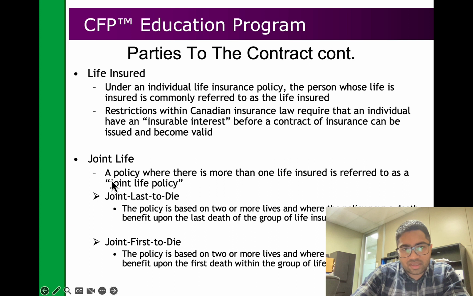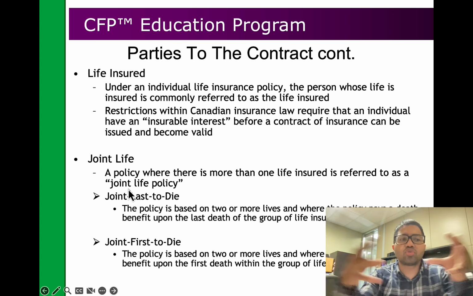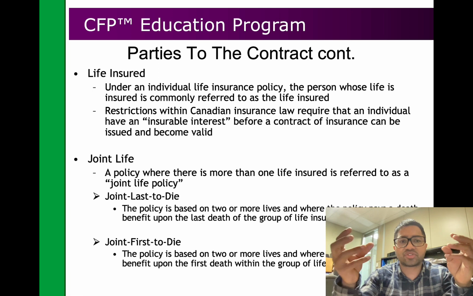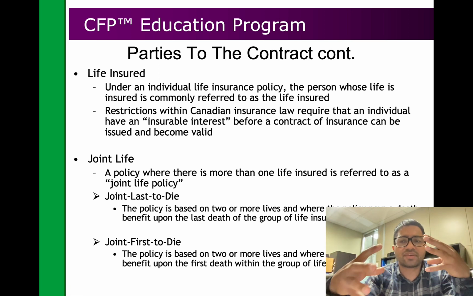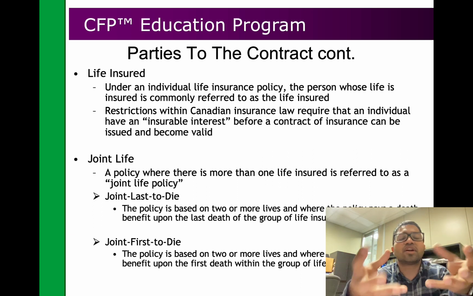Joint life. A policy where there is more than one life insured is referred to as a joint life policy. An example is joint last to die. Joint means two or more people are insured in the same policy. A common case is husband and wife having a joint policy.